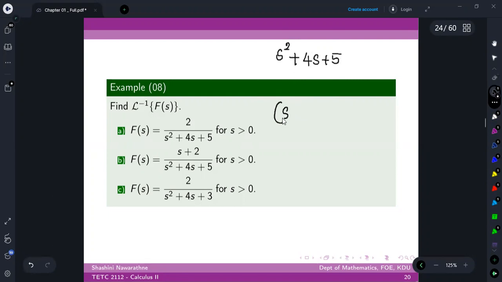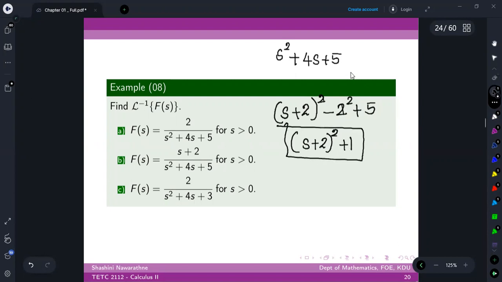The first term is s, plus the second term 4 over 2, to the power 2, and then we have to reduce the square of the second term: 2 to the power 2 plus 5, and we know that 2 to the power 2 is 4. Then we obtain s plus 2 to the power 2 plus 1 when we complete the perfect square of this polynomial.